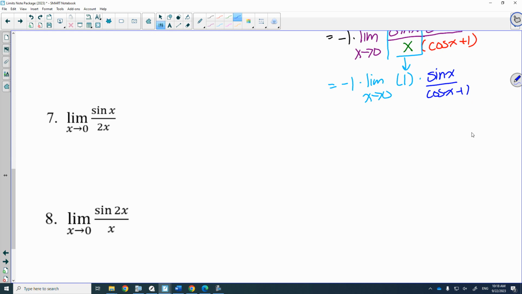Okay, so now let's substitute in. I had negative 1, 1, sine of 0. Okay, so if I plug in the sine of 0, and then cos of 0 plus 1. So negative 1 times 1.